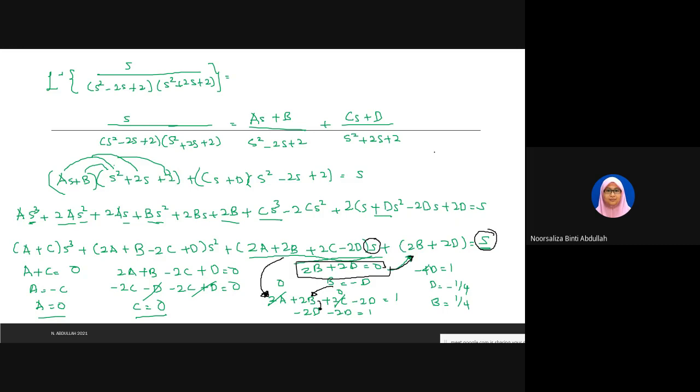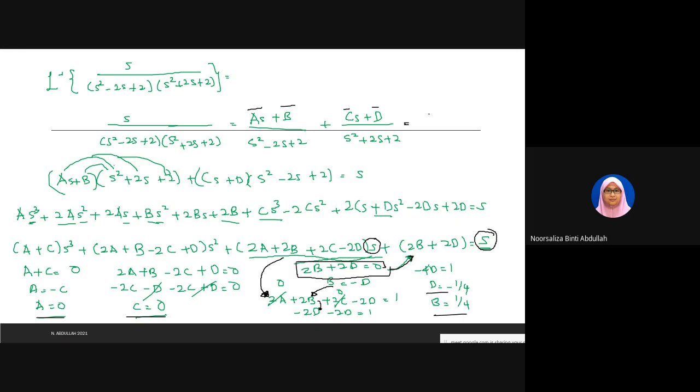Okay, ini kita baru selesaikan dia punya pecahan separa. Faham? So, lepas ni kita gantikan nilai A, B, C dan D ni dengan nilai yang kita dapat ni. So this one will be A 0 kan, so tak ada.